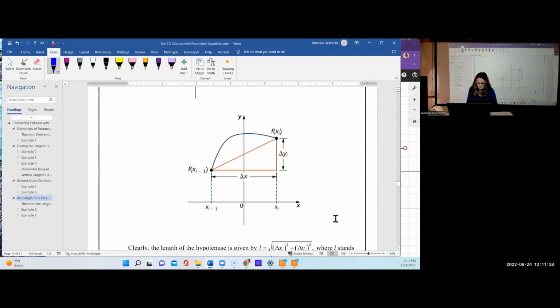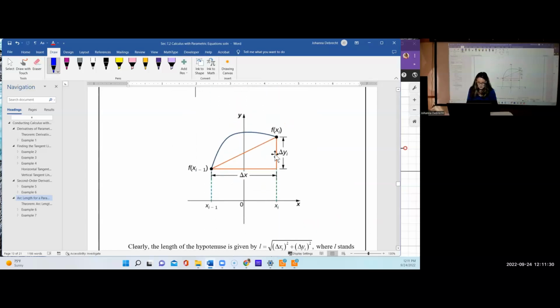So when you look at one particular region right here, you're basically taking this length highlighted in yellow, and you're approximating it with the length of the hypotenuse. Now, obviously, this doesn't look very close, but as you shorten up the subinterval, they become closer and closer together, and you know what's coming next. As we take the limit, as that width goes to 0, they become equal to one another.